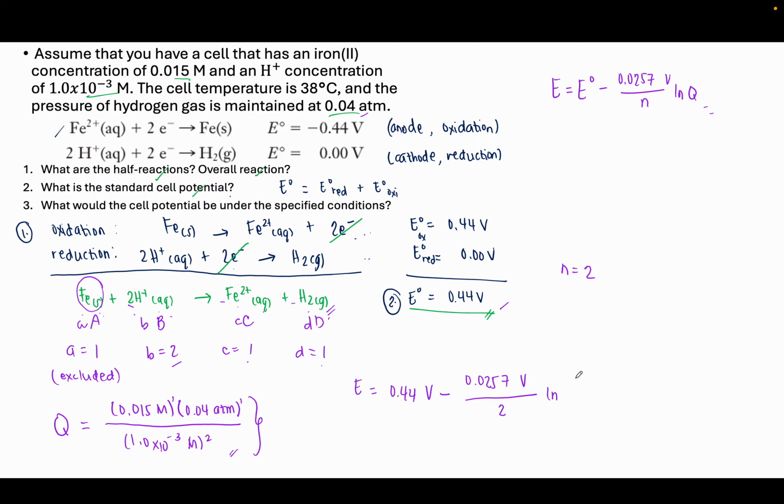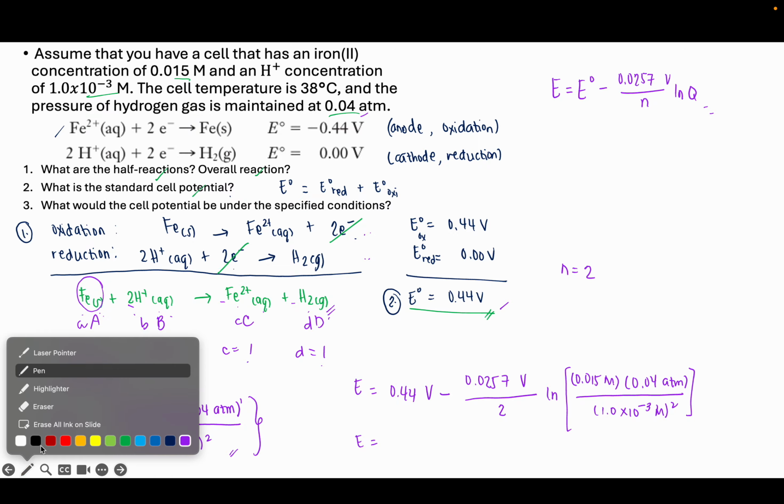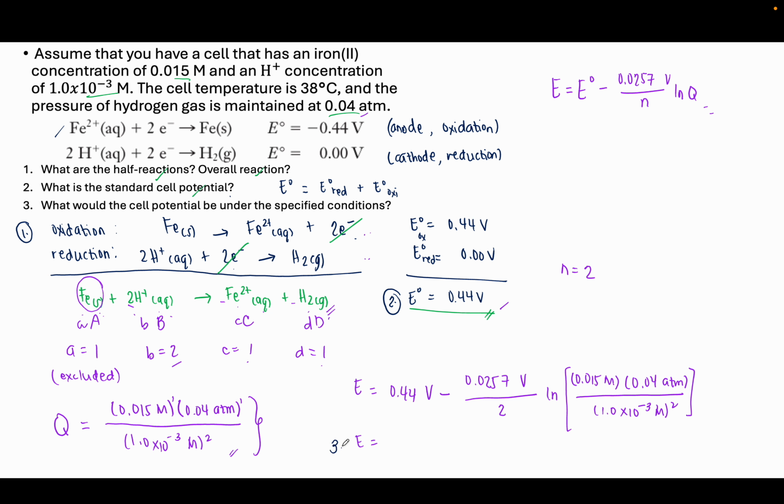So this is ln of 0.015 molar times 0.04 atmospheres all over 1.0 times 10 to the negative 3 molar squared. Alright, so this is now our Nernst equation to find the cell potential given the specified conditions. So how much is our cell potential for the specified conditions?